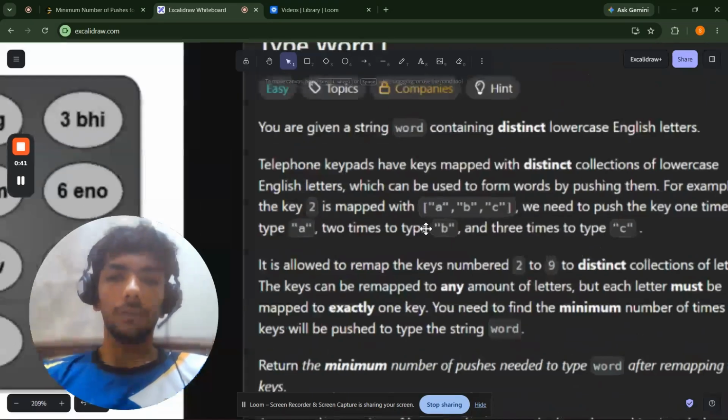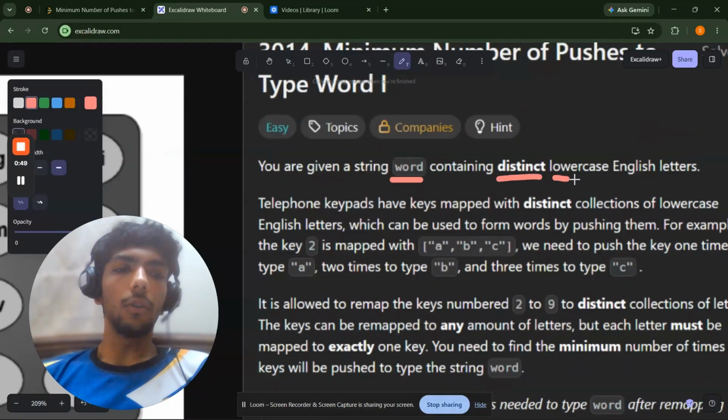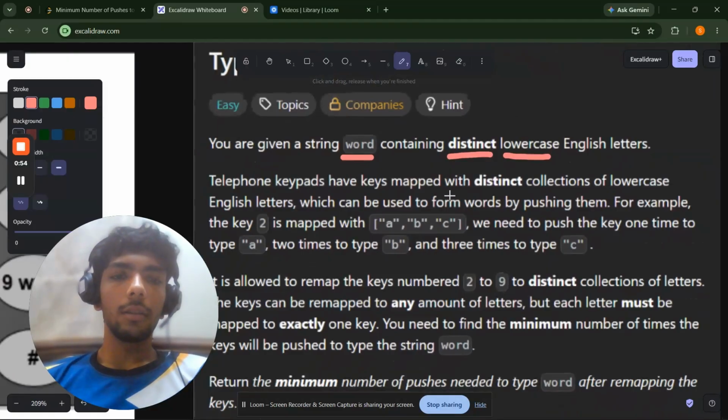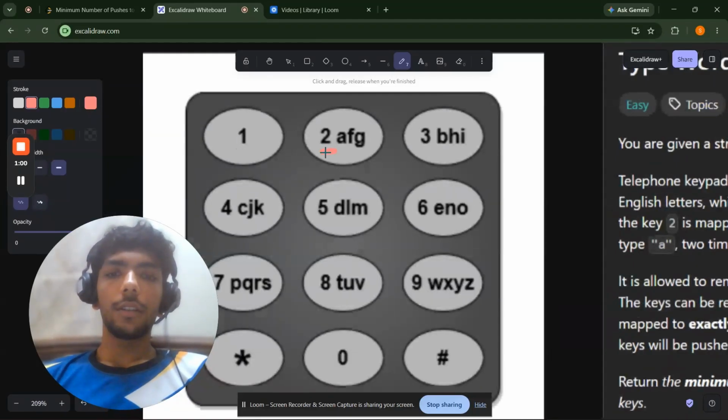What the question wants to say is that we are given a string word containing distinct lowercase English letters. Telephone keypads have keys mapped with a distinct collection of lowercase letters. Here you can see that each key is mapped with a distinct collection of lowercase letters.